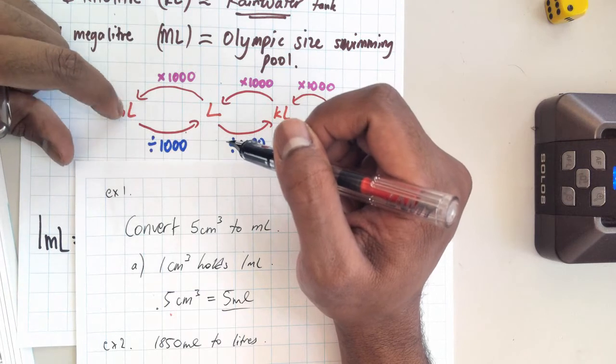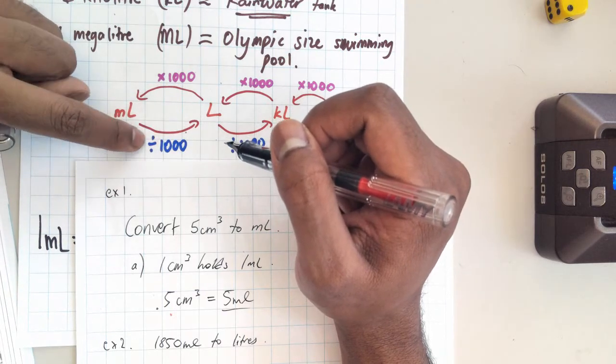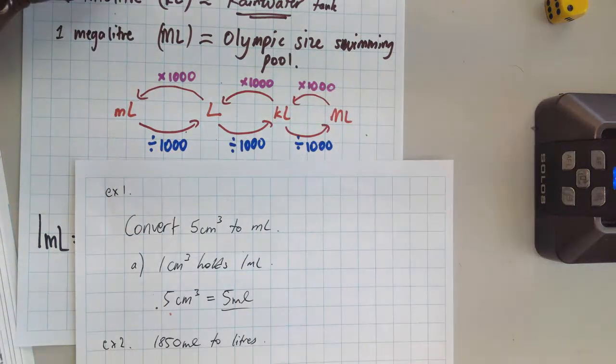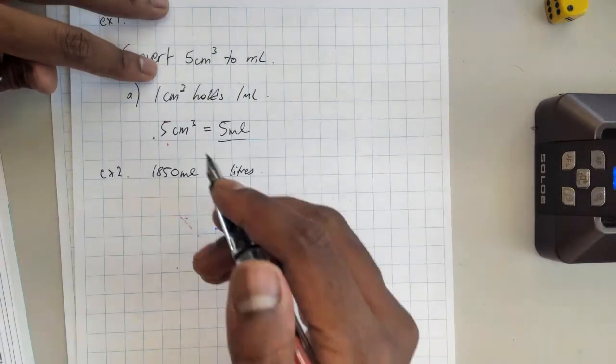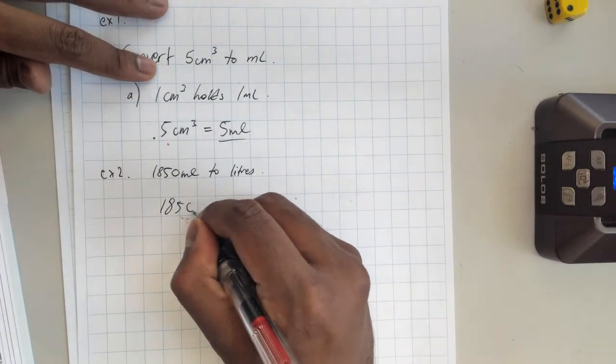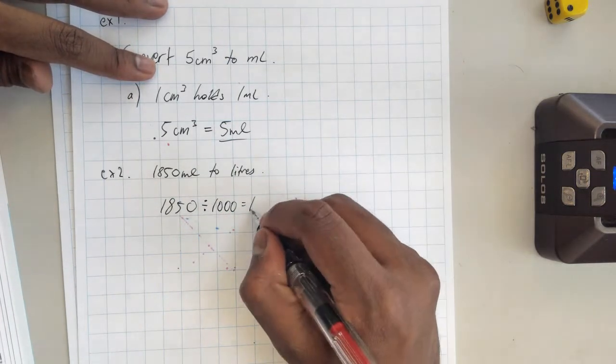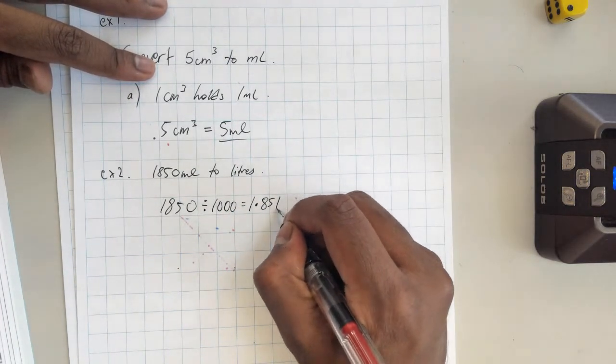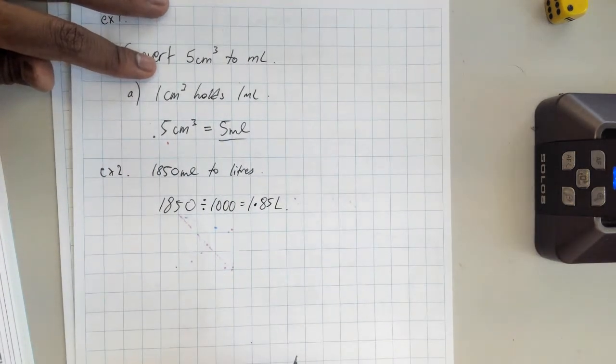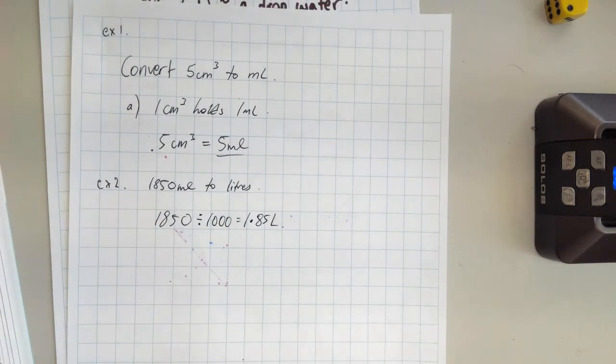So look at the arrow. What does it say? Divide 1,000. So we're going to take this number and we're going to divide by 1,000, and that's going to give us 1.85 liters. Alright, so that's your examples done.